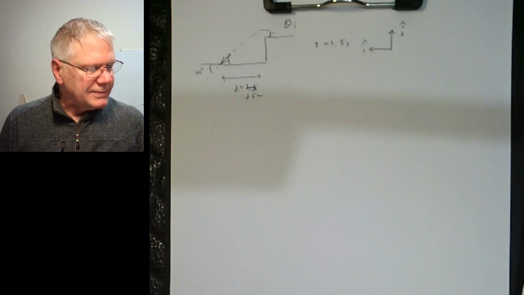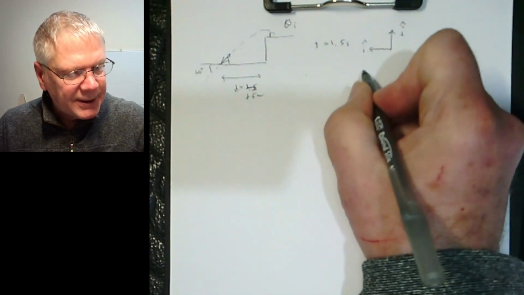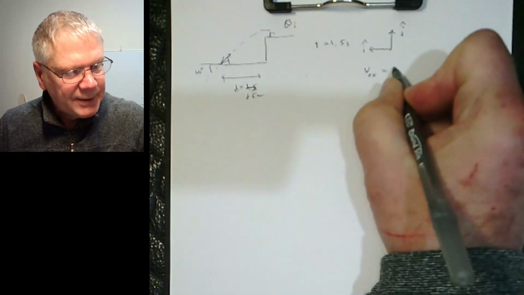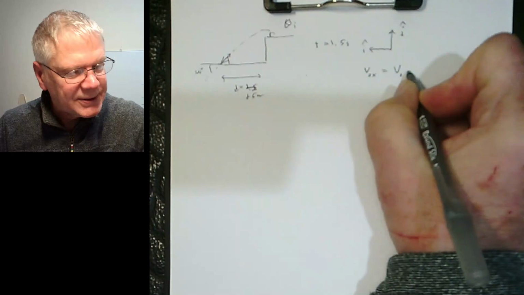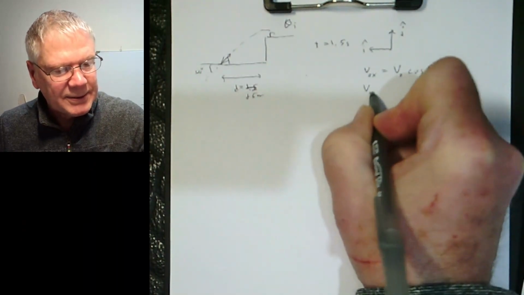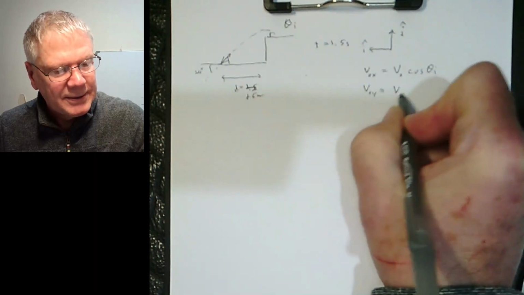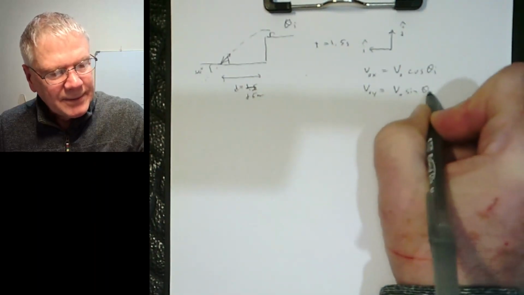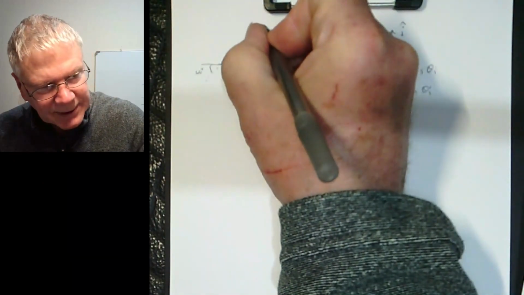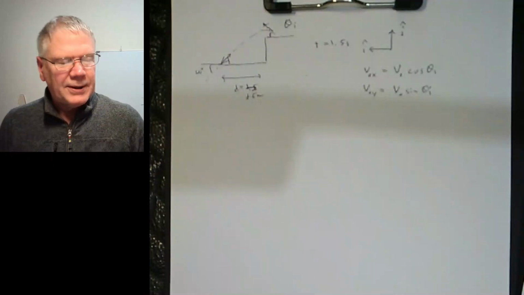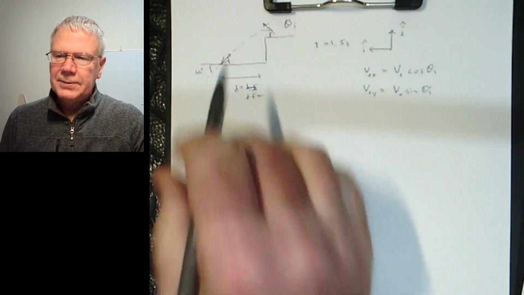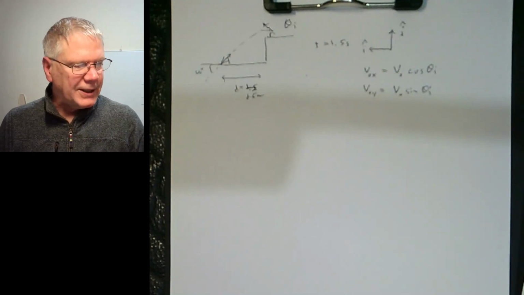Let's see, and I know that my initial x velocity is going to be my initial velocity times cosine, and this is what I was mentioning earlier, a little bit of trig that you do need. So this initial velocity, which is a vector going that way, it has an x part and a y part. The y part could be up or down, and we'll see that in a moment.